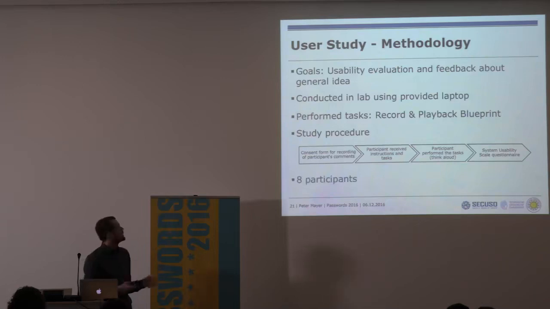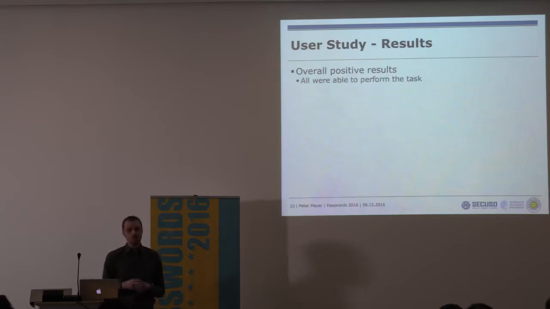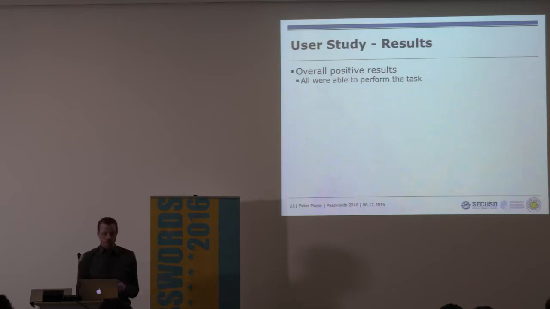We had 8 participants in this study, and from the results, we actually got very positive feedback. So first of all, people were able to perform these tasks, and we actually got an average system usability scale score of 82.5, even for this prototype implementation, which indicates a good to excellent usability rating.